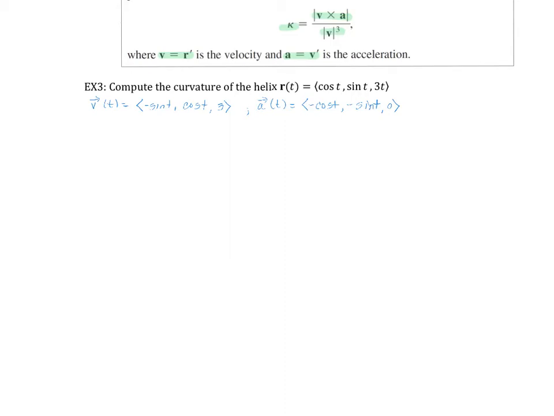So let's go ahead and compute the cross product of V cross A. Now remember, when we do cross products, the direction matters.